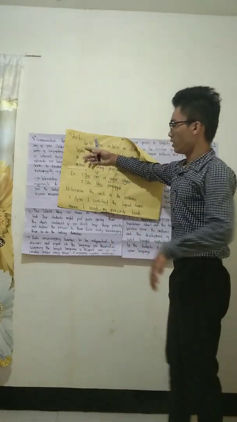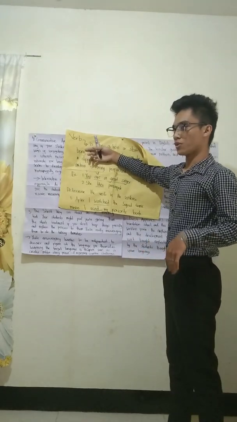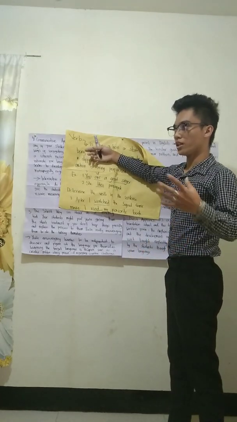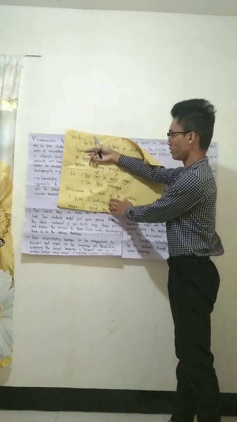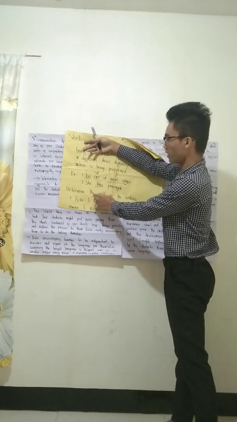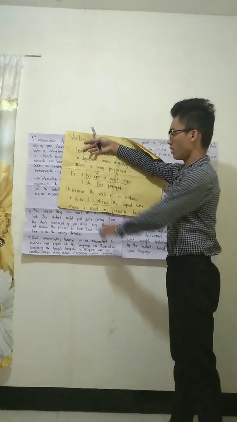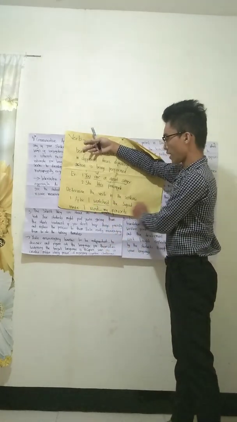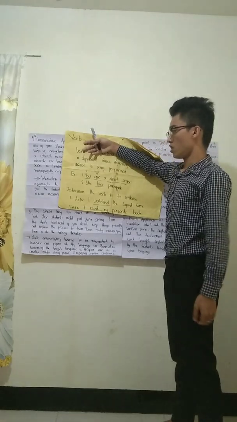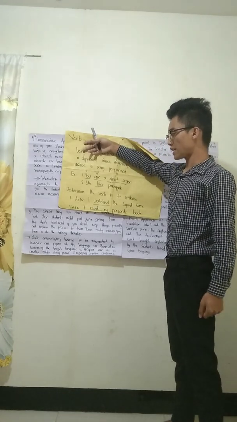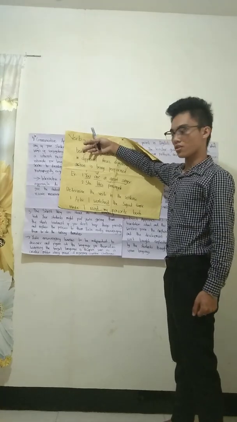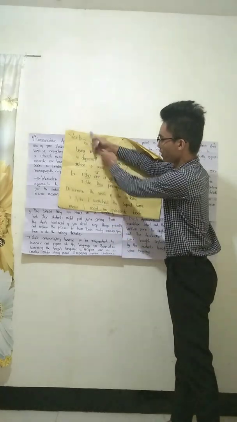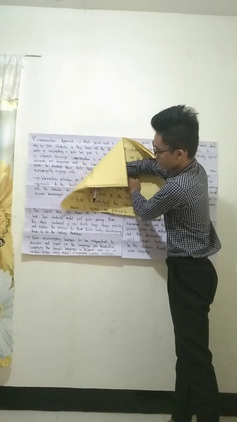Then they have to determine the way they express themselves or the way they communicate to their classmates using the verb in the sentence. So here we have another example. Determine the verb in the sentence. Number one, after I watched the Squid Game movie, I read my favorite book. So in the example, we have two verbs because it is a compound sentence, and the verbs here are watched and read.